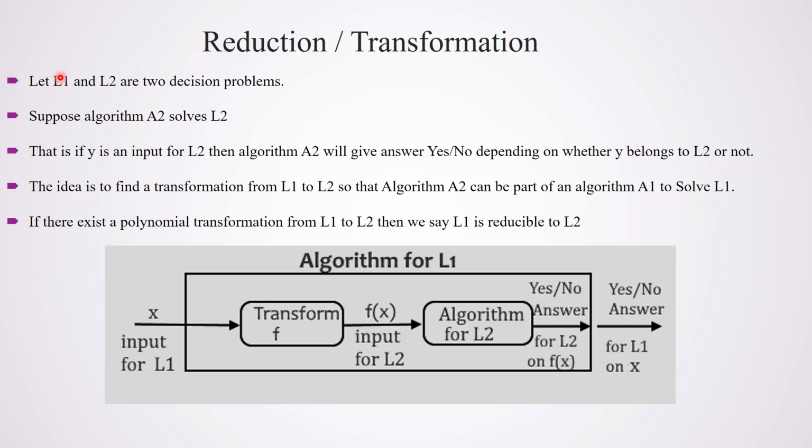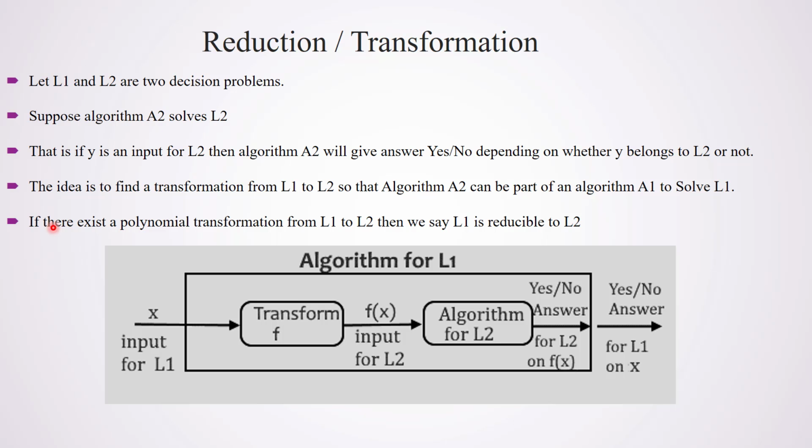So what we are trying to do is make L2 a part of L1, because we didn't have any A1 algorithm. We are going to incorporate algorithm A2 in A1, so A2 becomes a part of algorithm A1.